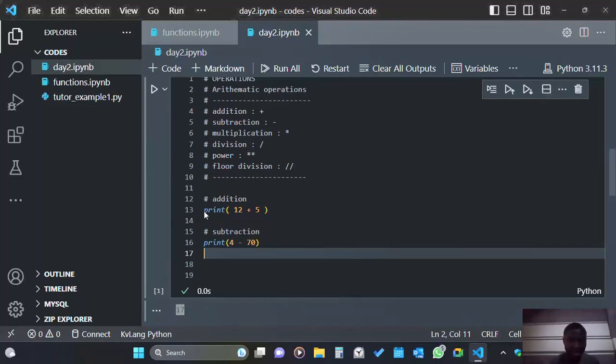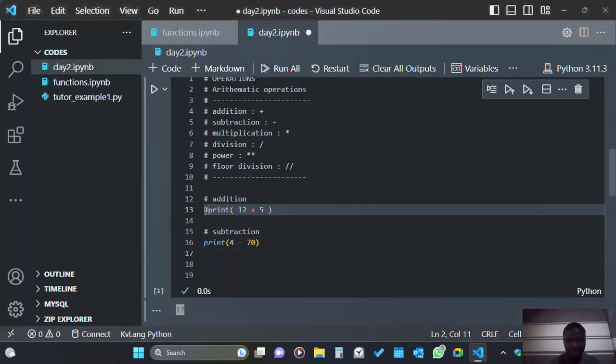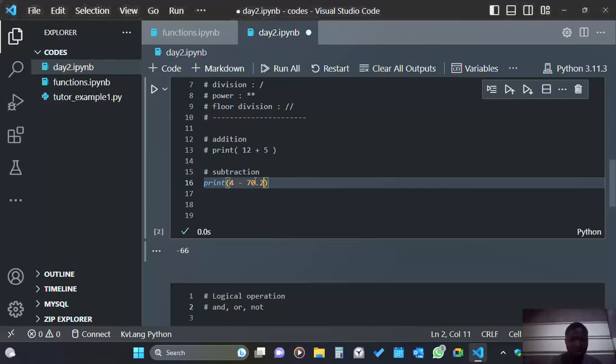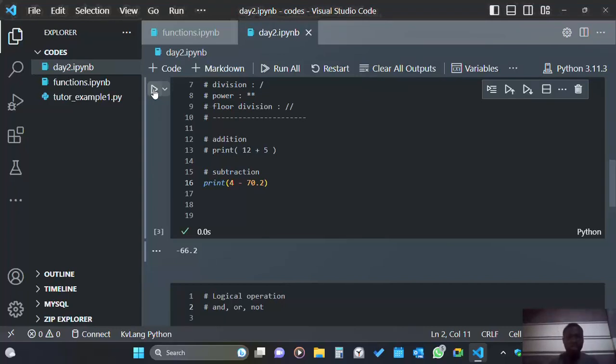Then let me comment this print out, since I don't want us to see the output. Let me run it, and we get negative 66. Whatever be the case, you can make a subtraction and you get your answer. It could even be a float, like 4 minus 70.2, and it works fine. So whether it's an integer or a float, you can still do your addition and subtraction.